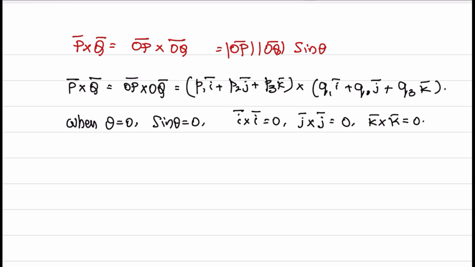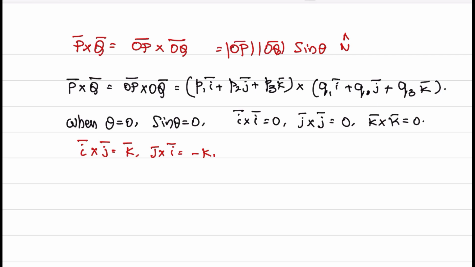A cross B is a vector. It is a vector means a normal vector has to be applied here, which is normal to i and j. If i and j are involved, then i cross j is equal to k. j cross i is equal to minus k.